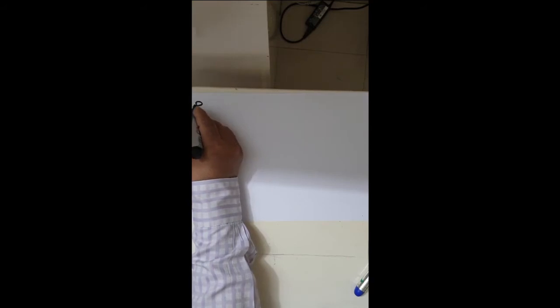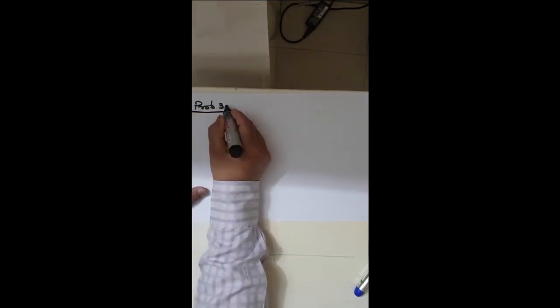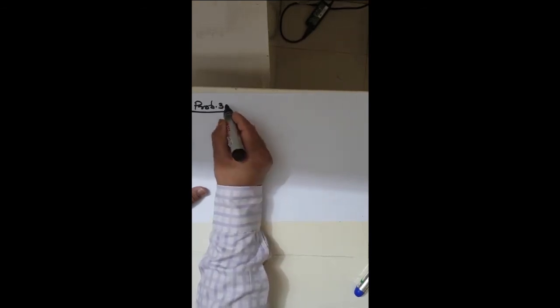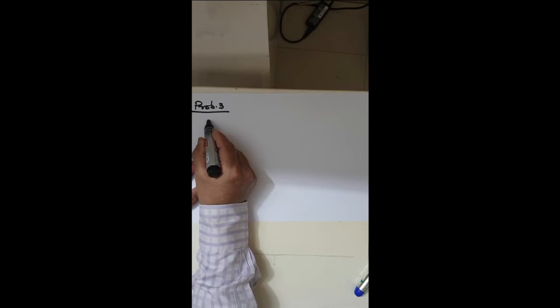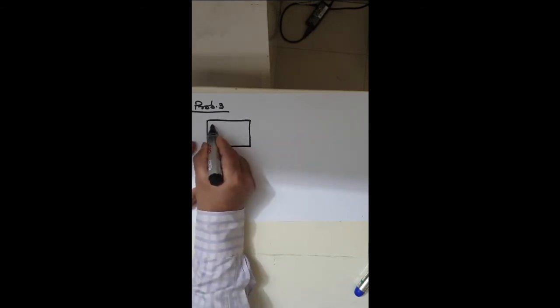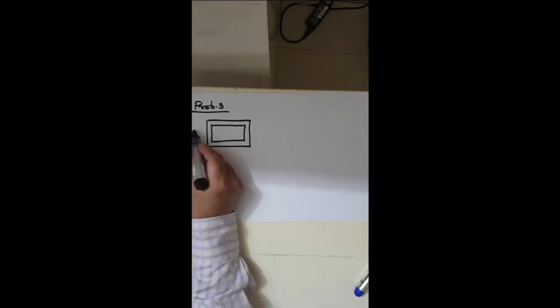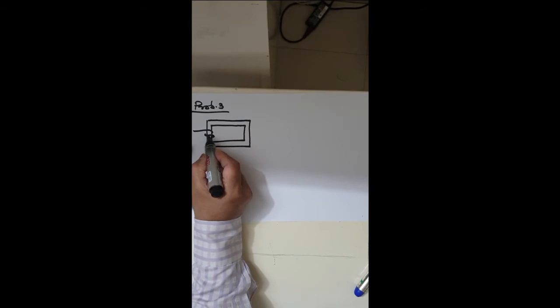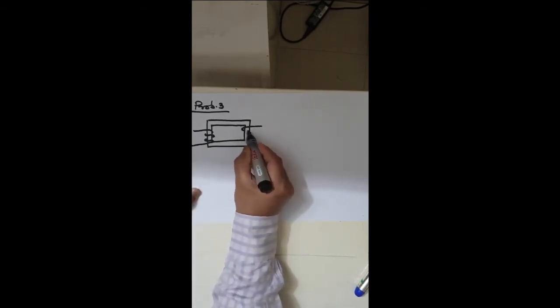Okay, now let's go for problem 3 according to the lecture note. If we look at problem 3, a transformer core is given like this, and there is a coil on the primary side and a coil on the secondary side like this.